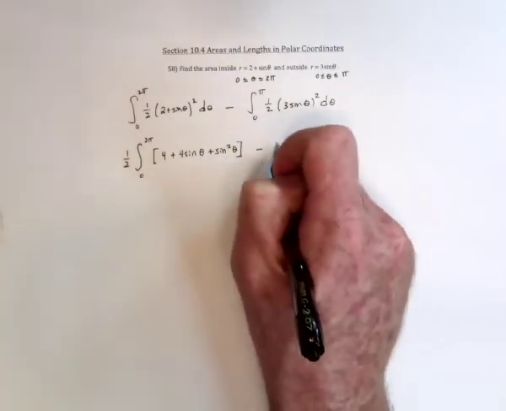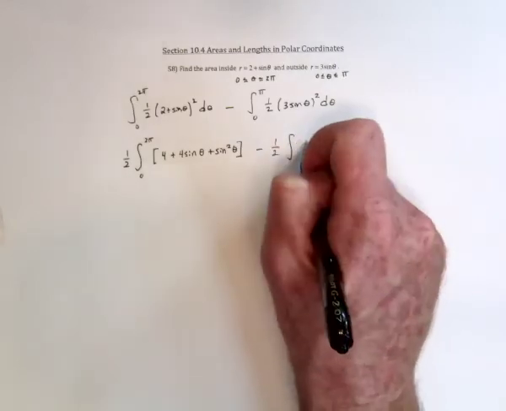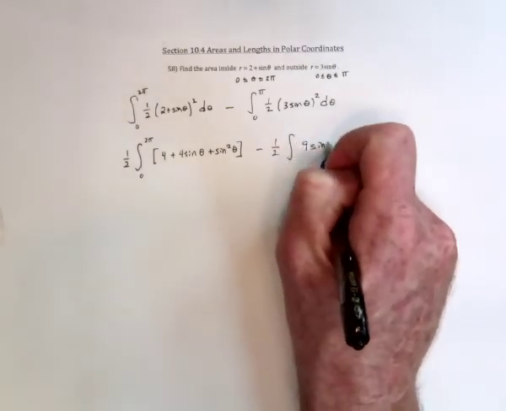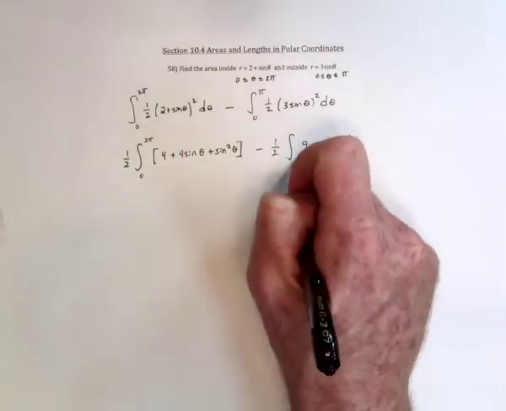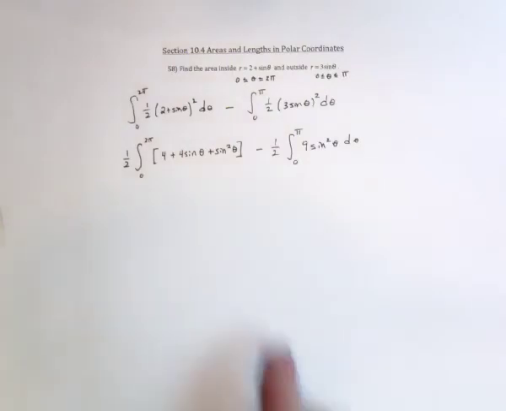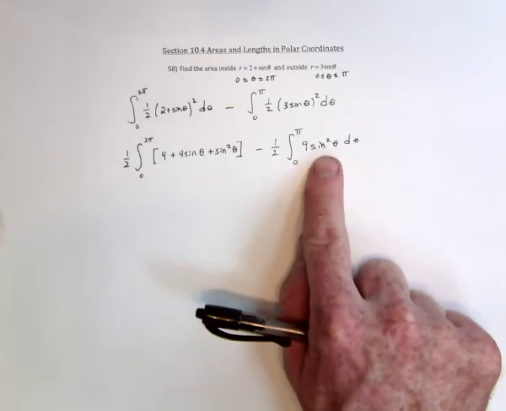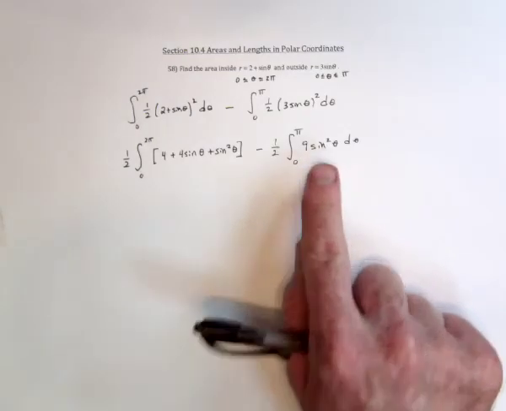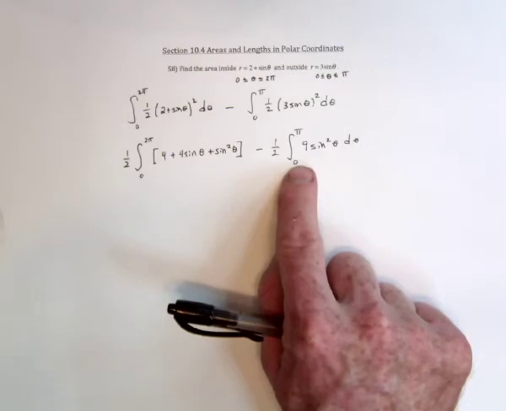For the second one, again you could factor out the 1/2, and it's the integral of 9 sine squared. Even though both have sine squared, in this case we are not allowed to combine them because this one's going from 0 to 2 pi and this one's going from 0 to pi. So we'll have to do them separately.